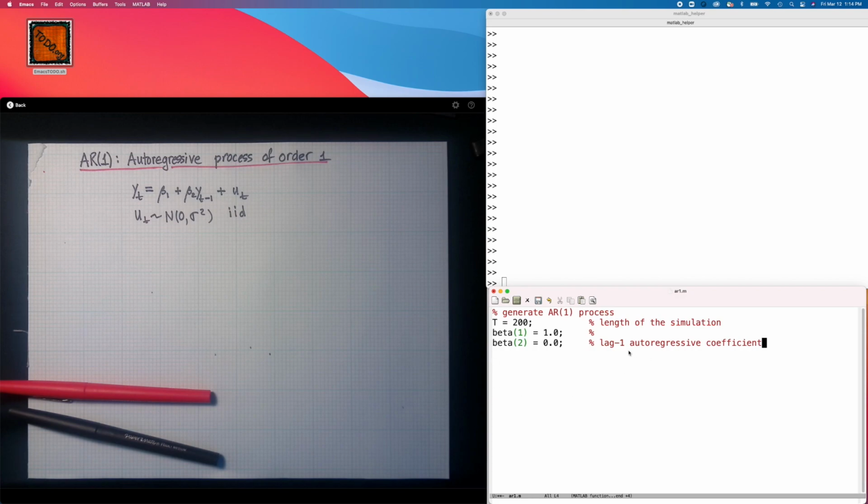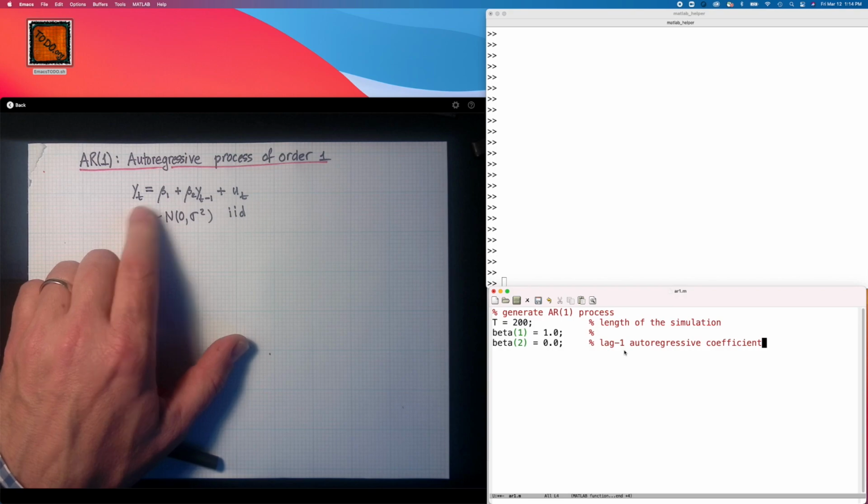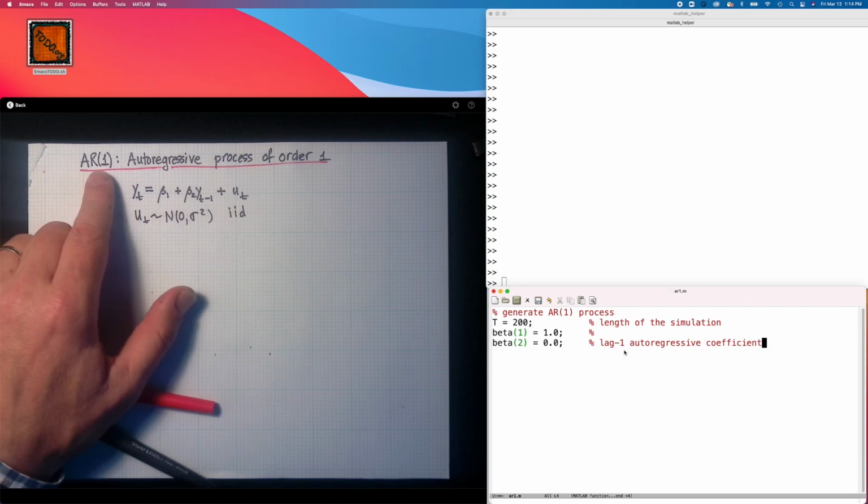And we say lag 1 because in this model, y of t is related to itself at lag 1. So that's the coefficient that multiplies y at t minus 1. If we had included a new coefficient beta 3 times y of t minus 2, then we would have what's called an AR2 process, autoregressive process of order 2. And you can imagine adding more and more previous time steps.